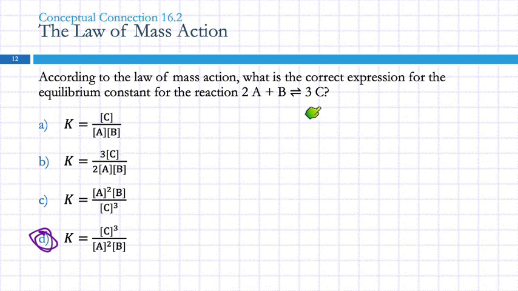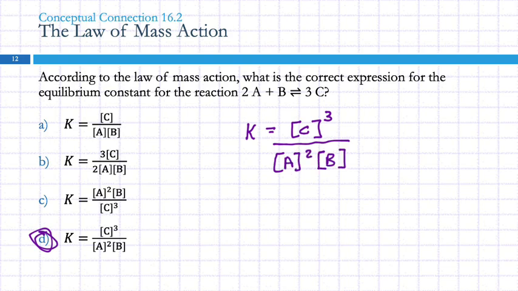When we go to write something like this, we look at the concentrations of the products raised to the coefficient, divided by the concentrations of the reactants raised to their coefficients. Chemists often just don't write the number 1, so there's an implied 1 as the exponent, but we don't normally write that.